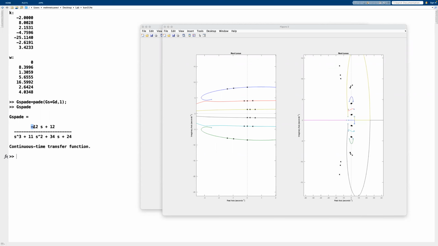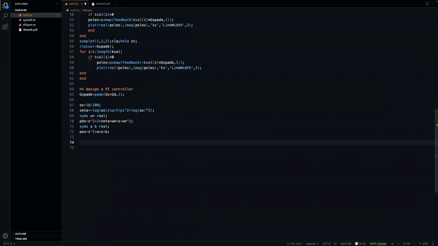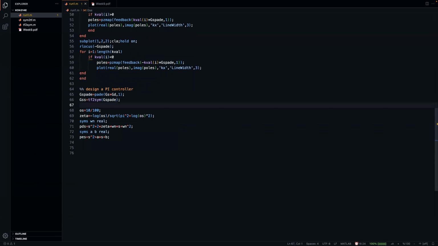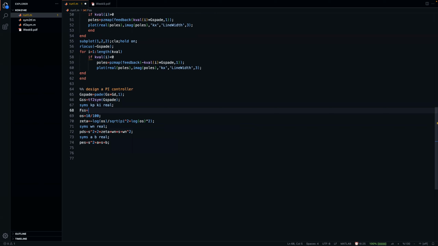So for the Putty approximations, you should be careful when you're using the characteristic polynomial. Now I'm going to convert it into GSS, TF to SIM, GS Putty, and then I'm using KP, KI because I'm trying to design a PI controller.